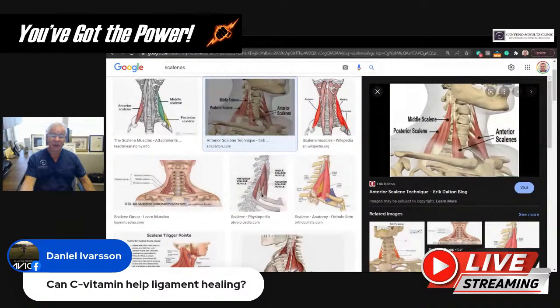Now, these days, if you're taking the average multivitamin, you have more than enough vitamin C to produce normal collagen. And we really don't know that adding additional vitamin C makes a huge difference. So I don't think you need to add vitamin C to get ligament healing. But if you're deficient in vitamin C, you definitely want to correct that.